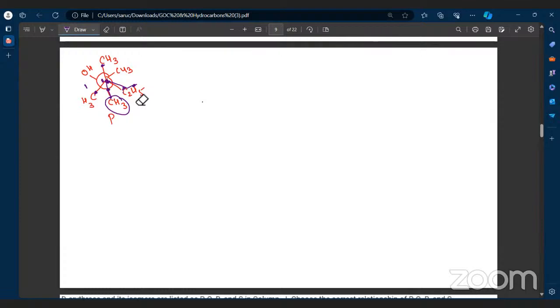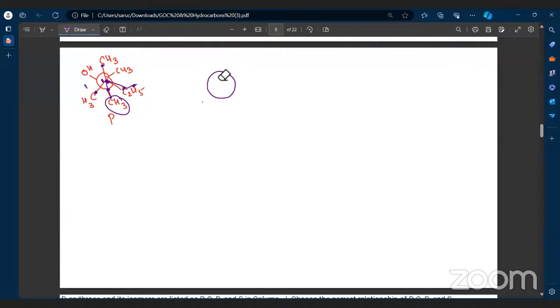And on the second carbon. So therefore, you just write the name. Where you have the substituent, you have methyl.